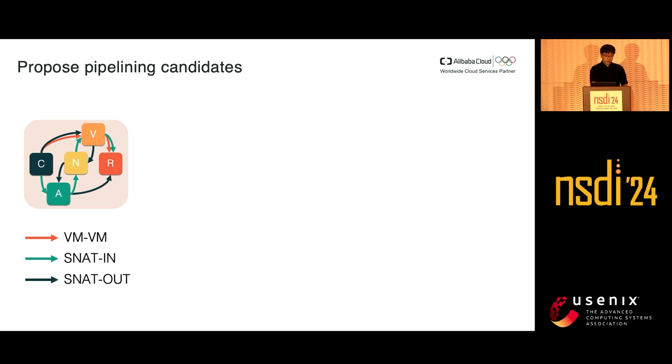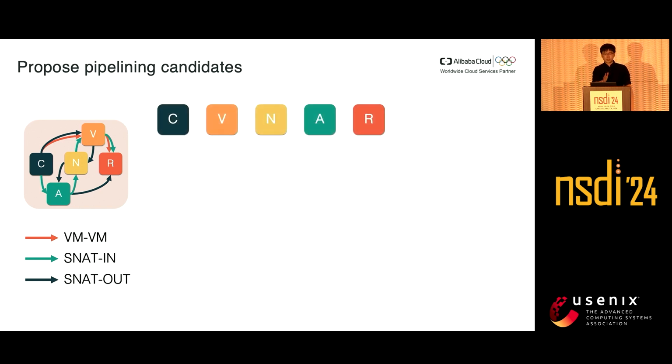The problem with that approach is that different pipelining solutions will have different performance overhead. For example, if we just order the 5 network functions in this way, and we examine the 3 network function chains and see how they traverse through these 5 functions, we're going to see that there are 2 highlighted arrows that are going backwards.